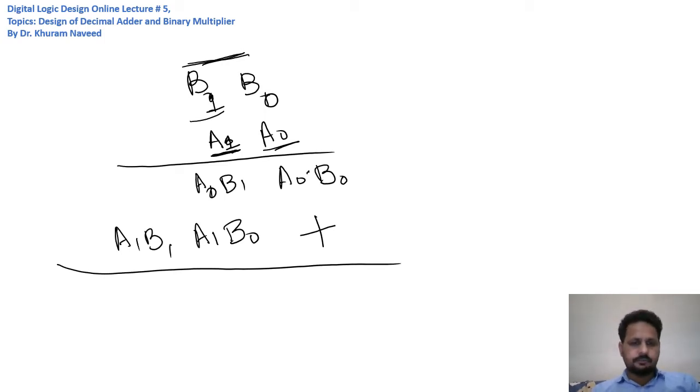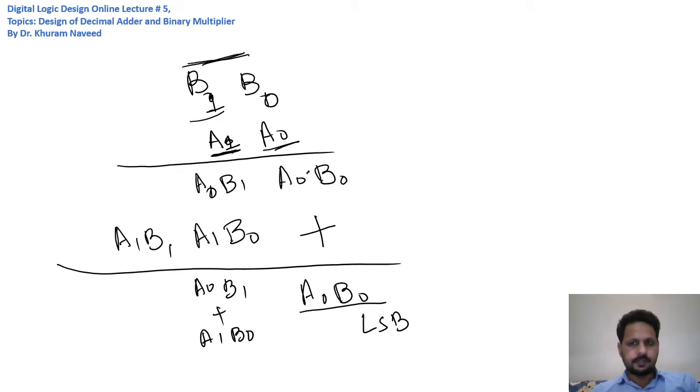As a result of this, here we have a0b0 as the first bit of the product, or the least significant bit, the LSB of the product, and here we have a0b1 plus a1b0 as the second least significant bit, or the second bit of the product, right?